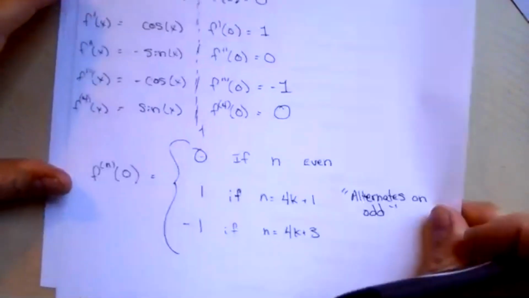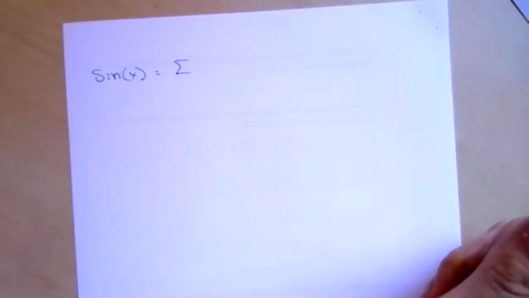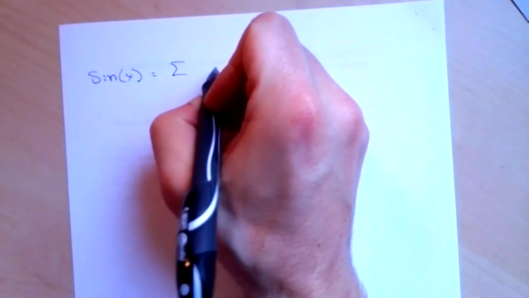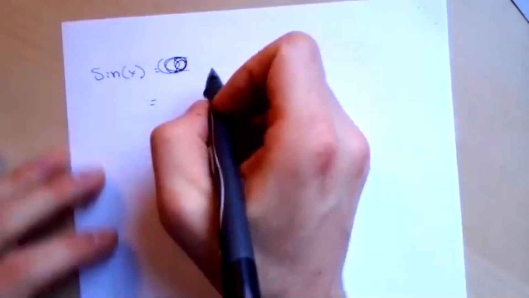And so let's formalize this a little bit more. Our sine of x, well, if we only consider our odd terms, let's write it out, we're going to have x minus 0.